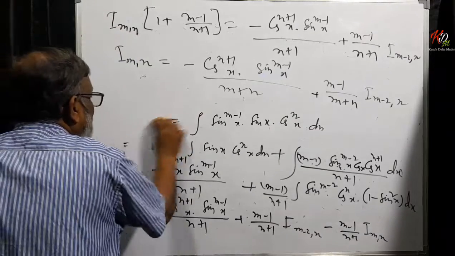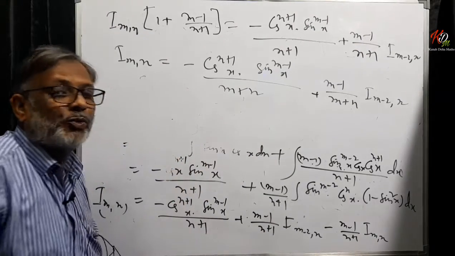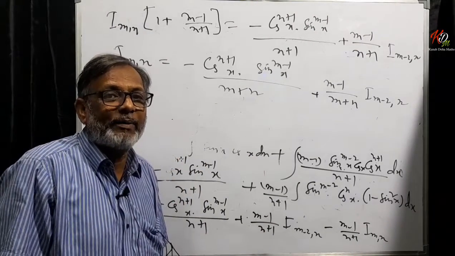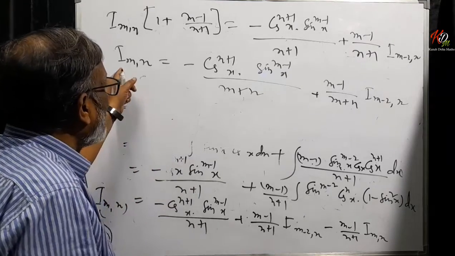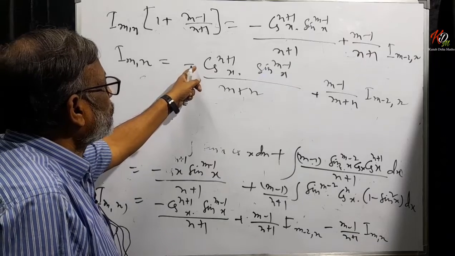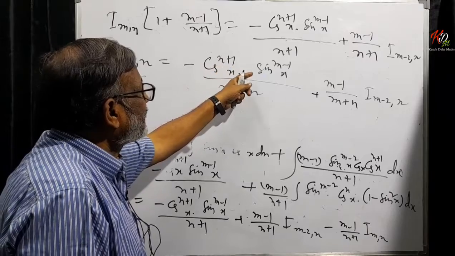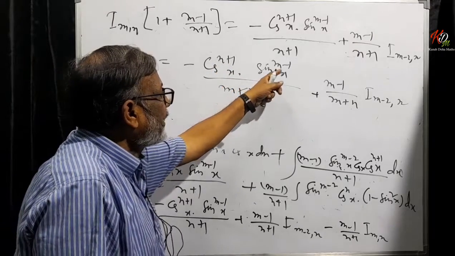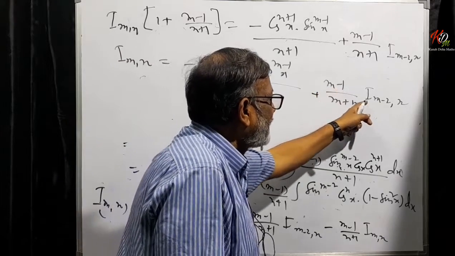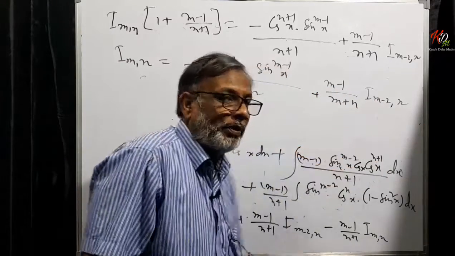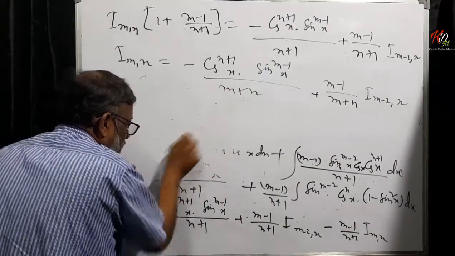In a similar way, if we break cos to the power n x into two functions, cos to the power n minus 1 x into cos x, we have I m n equals cos to the power n minus 1 x sin to the power m plus 1 x by m plus n, plus n minus 1 by m plus n I m, n minus 2.